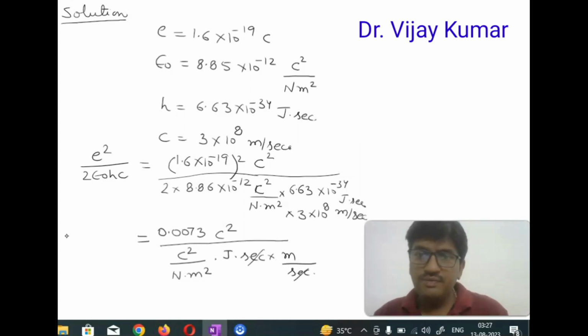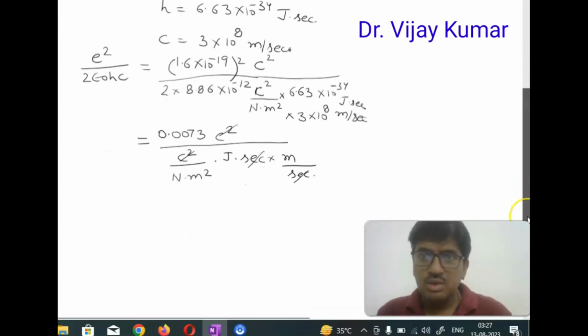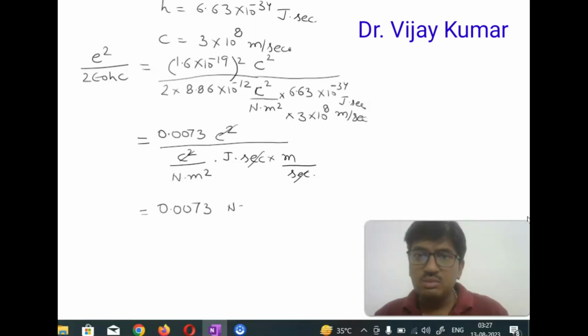Second cancels out, and coulomb square cancels out, and it should be 0.0073 Newton meter square upon joule.